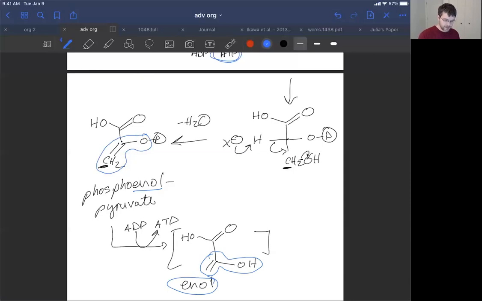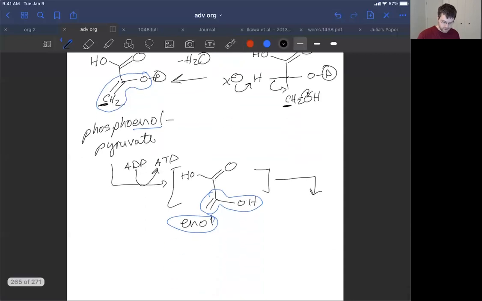And the enol is going to readily tautomerize to a very unusual structure where we have 1, 2, 3. So this is like a 2-keto propionic acid, or 2-oxo propionic acid.